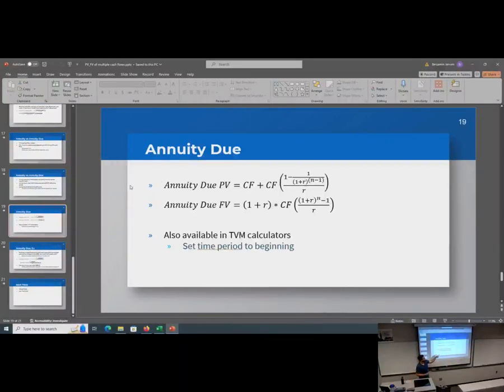Yeah, I didn't see the annuity due on the formula sheet. Oh, on the formula sheet in D2L? Yeah, I didn't see it on the PowerPoint or the formula sheet. I may have just not seen it. So are you only looking at it in D2L? Yes. Okay, that's the problem. A lot of formulas don't show up correctly in D2L, so you have to download the sheets to view them. Class is over.